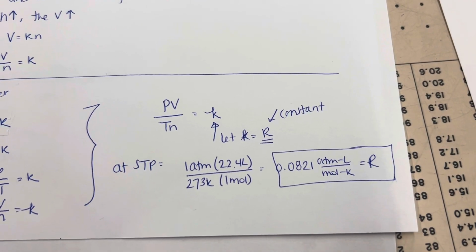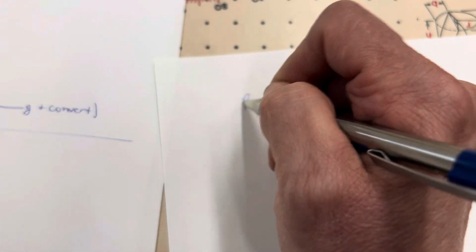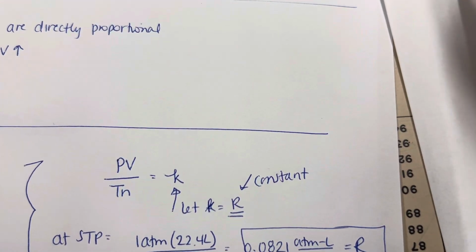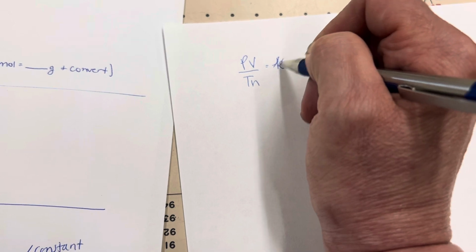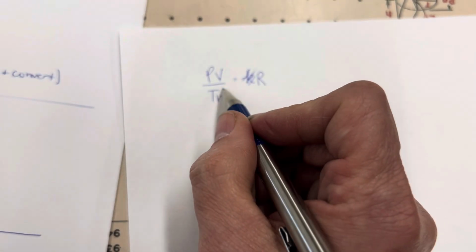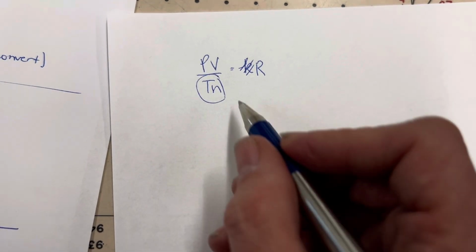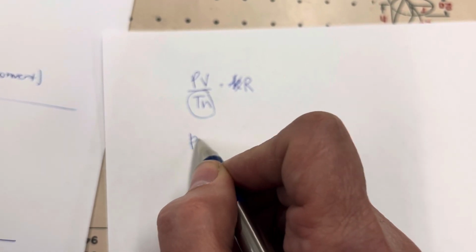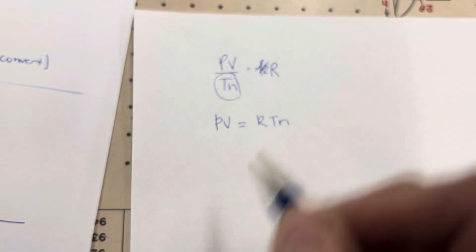Now what we have then is a new formula. We have PV divided by Tn is equal to K, which we replaced with the symbol R. What we want to do is get rid of this denominator, so we're going to multiply both sides by Tn, and we're going to get PV equals RTn.